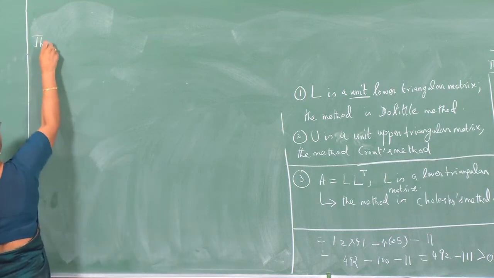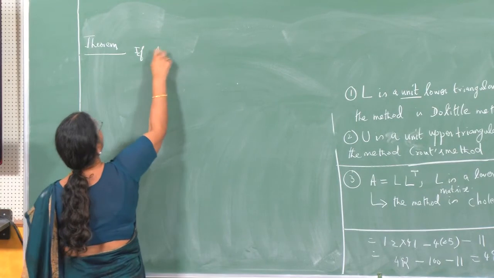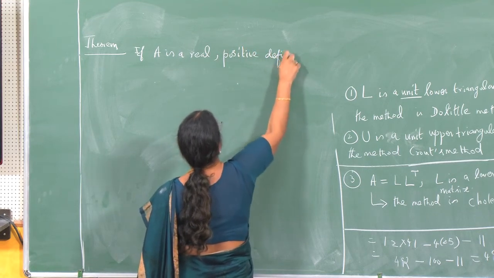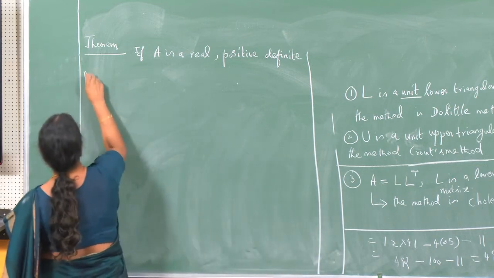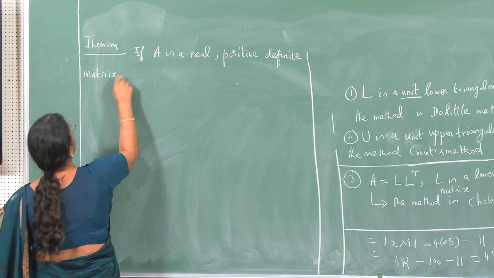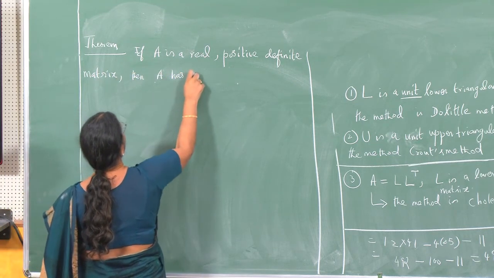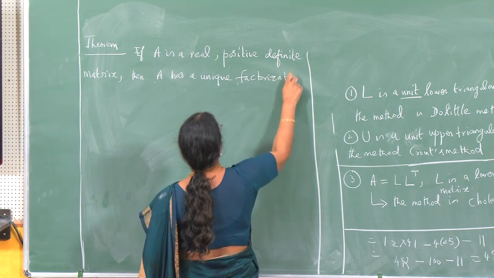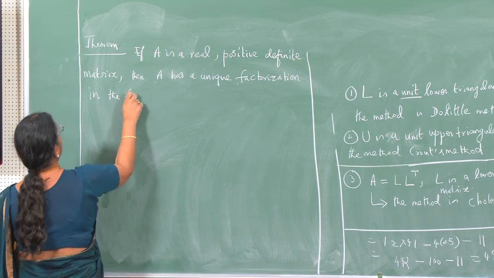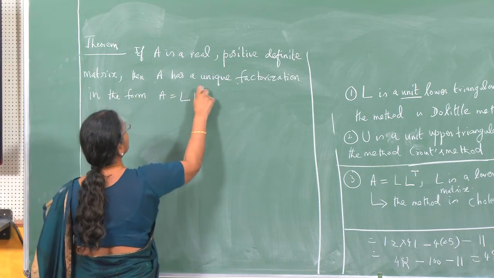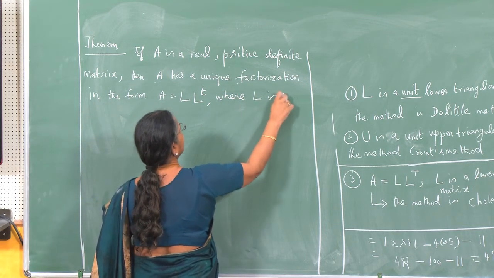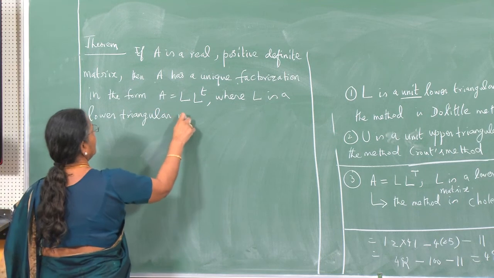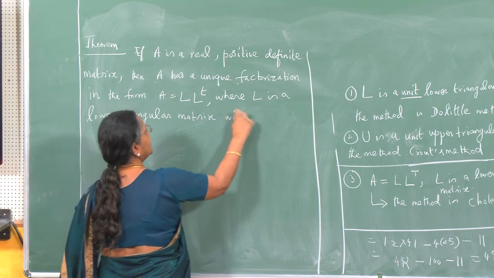The result says: if A is a real positive definite matrix, then A has a unique factorization in the form A is equal to L into L transpose, where L is a lower triangular matrix with positive diagonal.